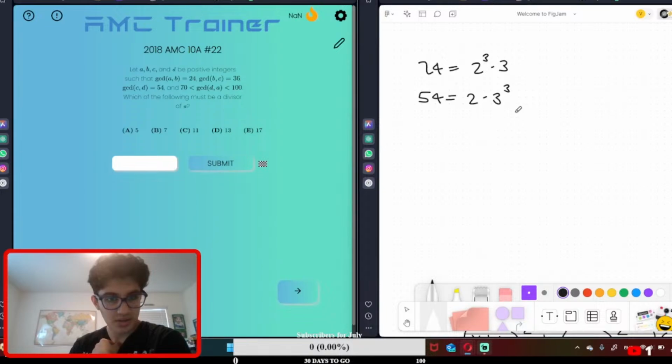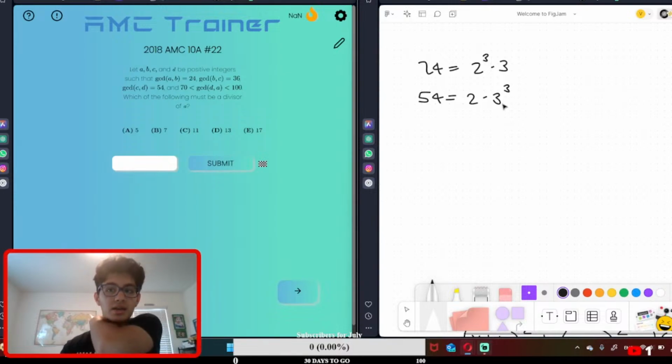This seems pretty hard. All the numbers are prime, so that's kind of the problem. But let's try it. So A is a multiple of 2 cubed times 3, and D is a multiple of 2 times 3 cubed. We don't really know about the other ones.